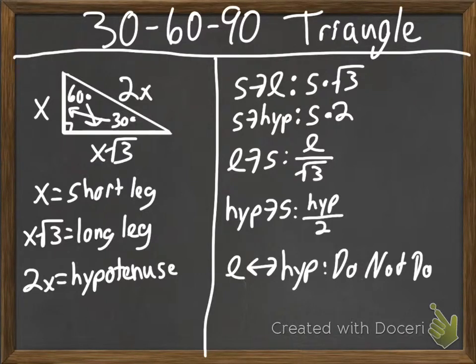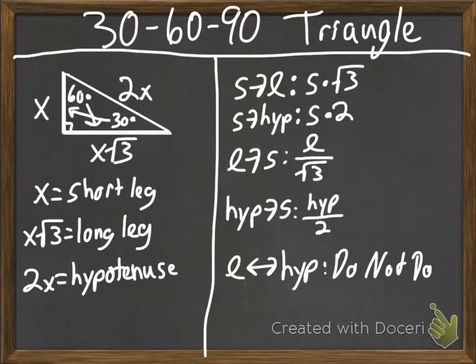Now, the very key thing with the 30-60-90 triangle is that you can go from the short leg to the long leg, the short leg to the hypotenuse, the long leg to the short leg, or the hypotenuse to the short leg. You cannot go long leg to hypotenuse or hypotenuse to long leg without getting into some real complicated fractions. It's just simpler to go step by step.